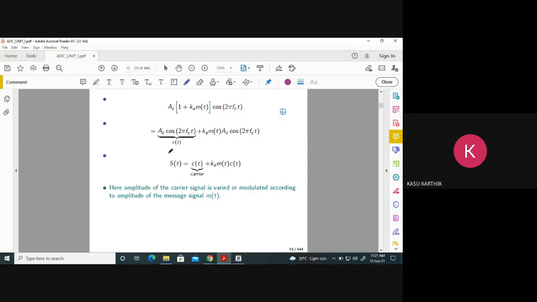This is very important. Please remember this. We have derived it from the basic formula of AM only, nothing more than that. So here the amplitude of the carrier signal is varied or modulated according to the amplitude of the message signal. This is the basic definition of AM.